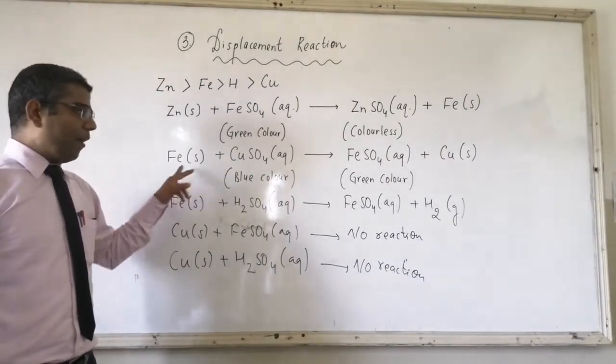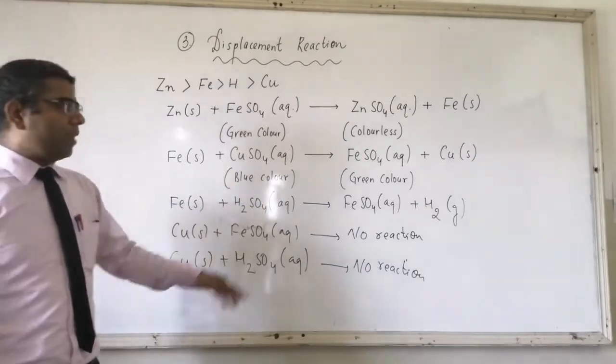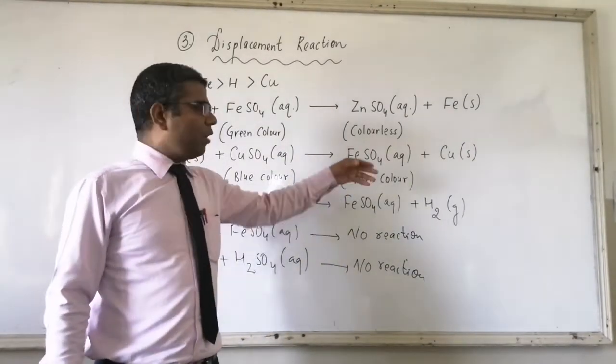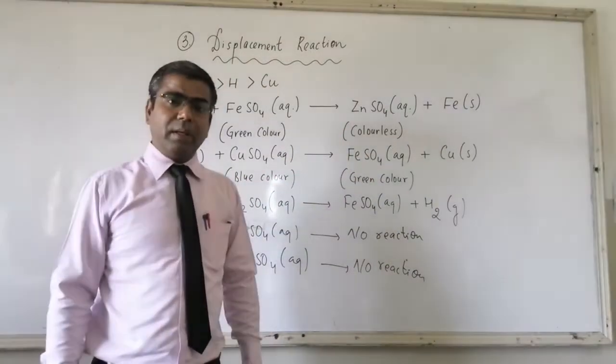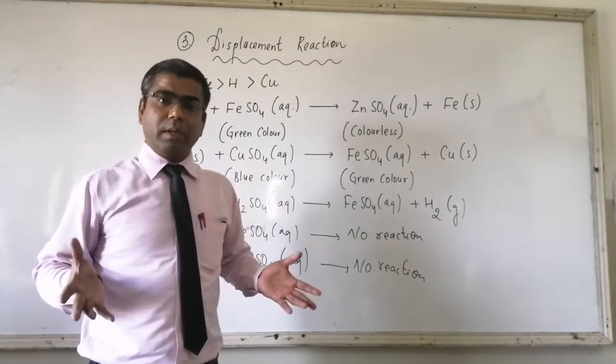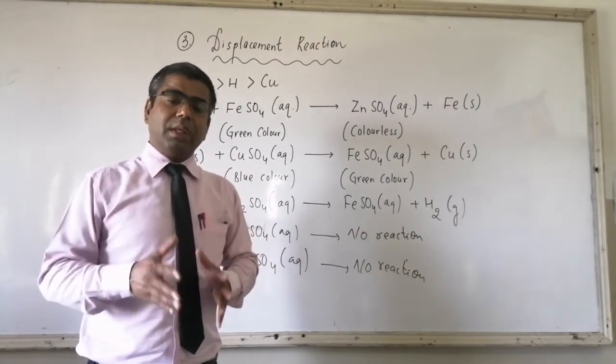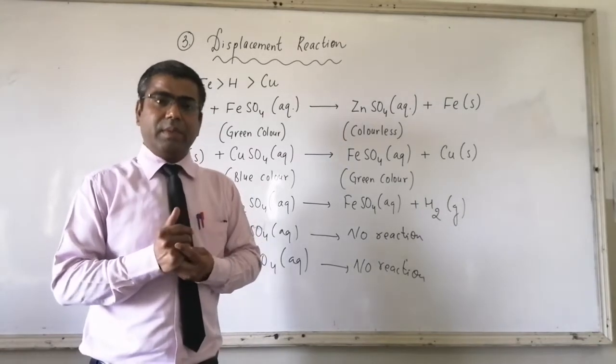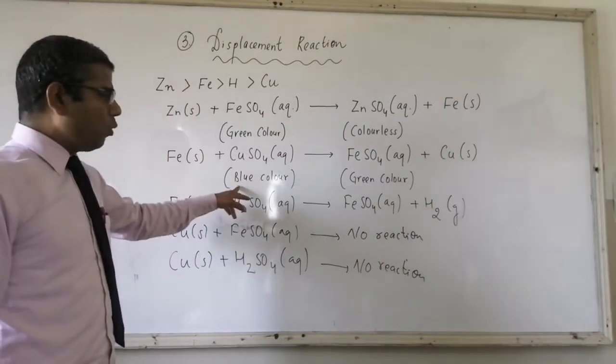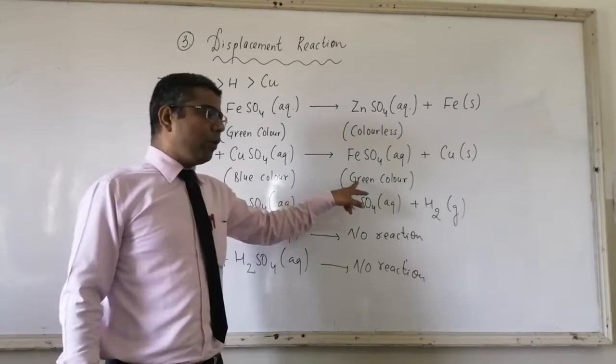As a result of which Fe will combine with sulfate, we get FeSO4, and copper will be deposited at the bottom of the beaker. Now what you will observe? You will observe there is a color change in the solution. Blue color solution gets converted to green color.